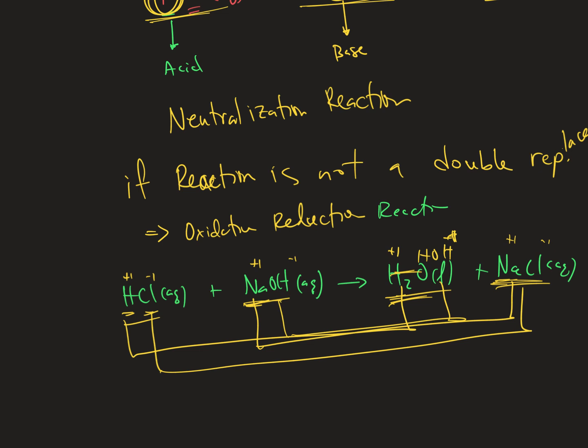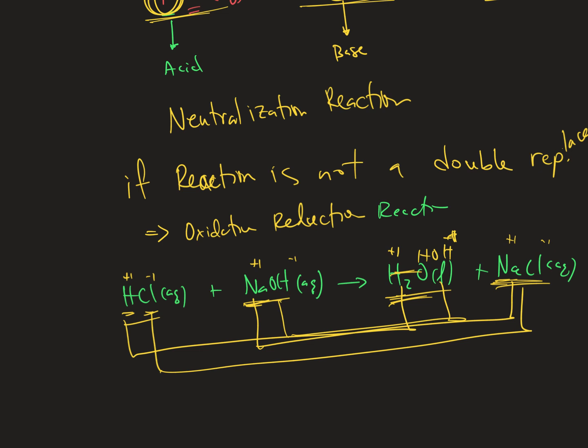Because hydrogen, I'm just breaking the cation and the anion, right? This silver was with nitrate. Now it's with chlorine. It replaces hydrogen. What does hydrogen do? It replaces silver and hooks up with nitrate.